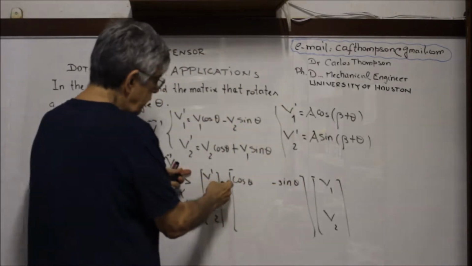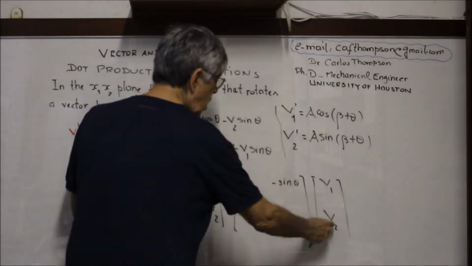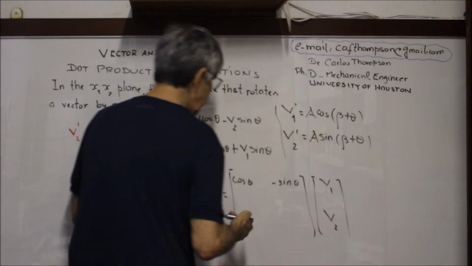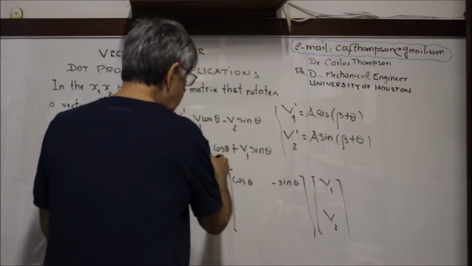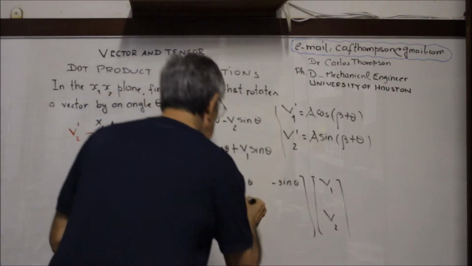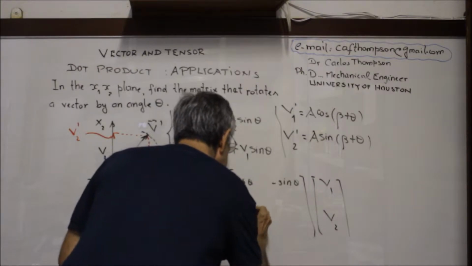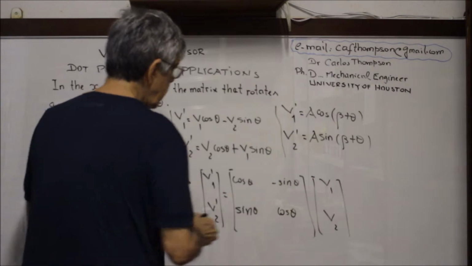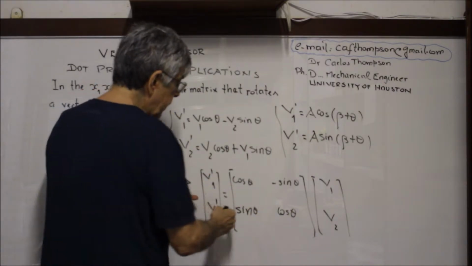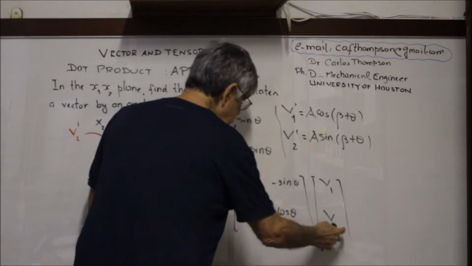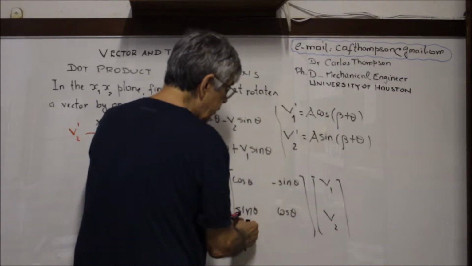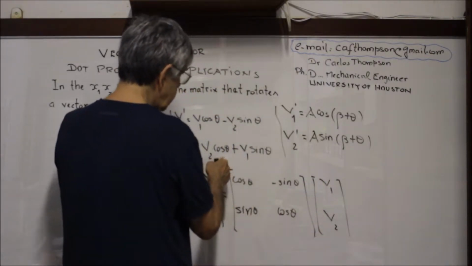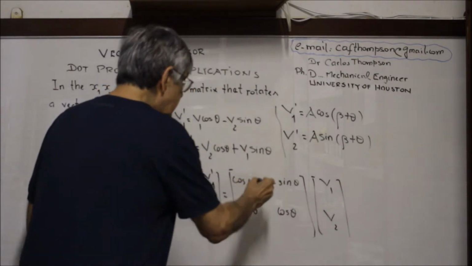This first row times this column is V1 cosine theta minus V2 sine theta. Here is V2, this is V1, so it has to be sine of theta and then cosine of theta. Just check: the second row times this column gives V1 sine theta plus V2 cosine theta. So that's the matrix.